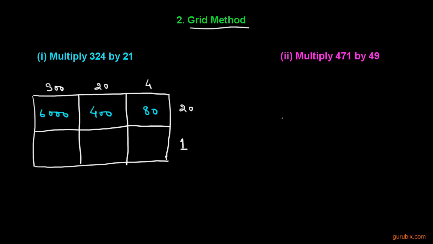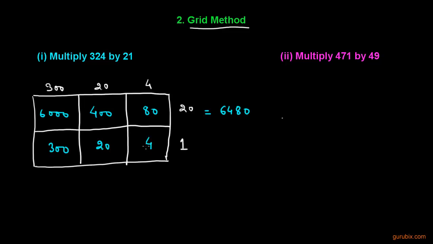And if we add these numbers in boxes, then we get 6480. And now we shall multiply 300 with 1, then we have 300 here, 20 here, and 4 here.